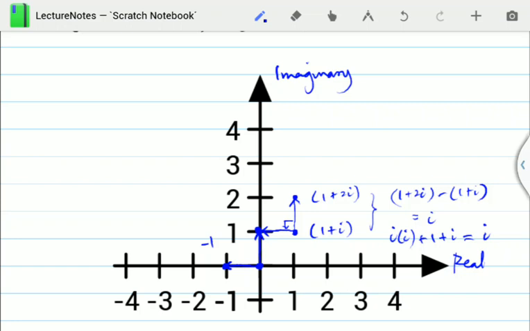But for any arbitrary arrow between a plus bi and, let's say, c plus di, what you do is you take the difference, you rotate the difference by multiplying it by i or minus i, depending on which direction you want it to rotate. Then you add the reference point. Okay, so that should give you the new location of the rotation.